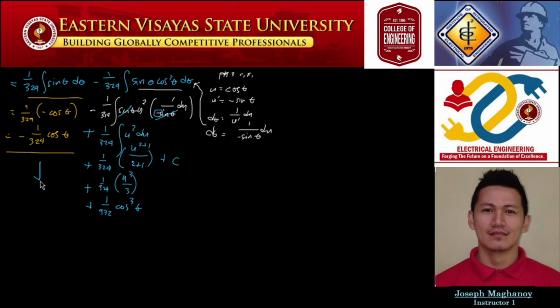So we copy our answer in the first term: negative 1 over 324 cosine theta. So this is your partial answer.